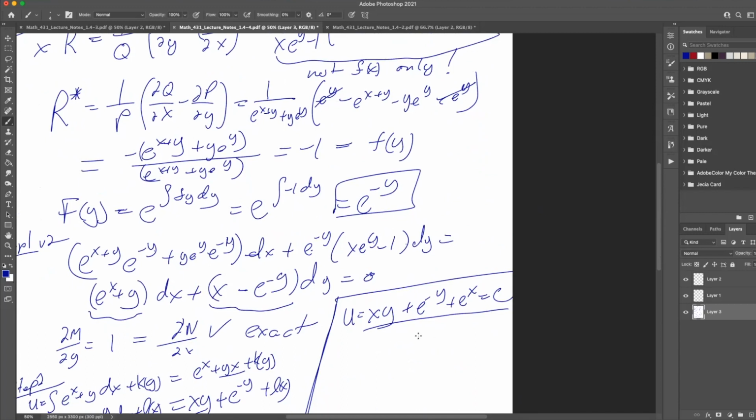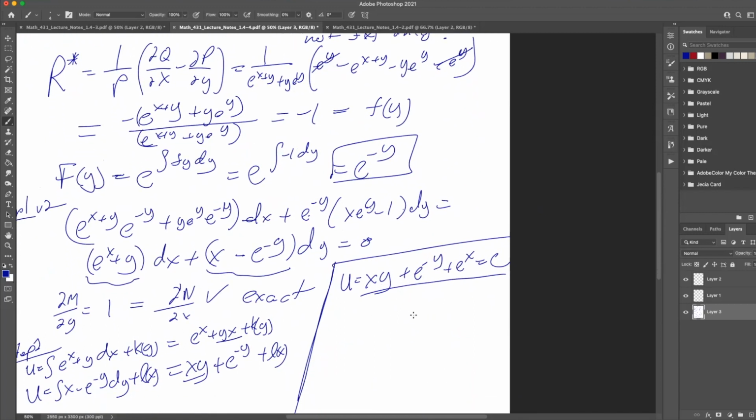If I plug that in, x is 0, so 0 times -1, plus e to the positive 1, plus e to the 0 equals c. That means c is equal to e plus 1, because this will be an e and this will be a plus 1. And there you go, there's your answer.